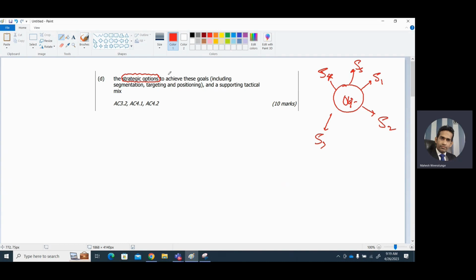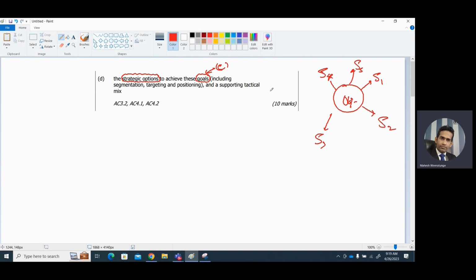So let's read the question again. The strategic options to achieve these goals, including segmentation, targeting, and positioning. These goals, in the sense, are the goals we have been discussing at part C. In part C, we have been discussing goals, objectives, the organizational goals, and long-term, mid-term, and short-term objectives.